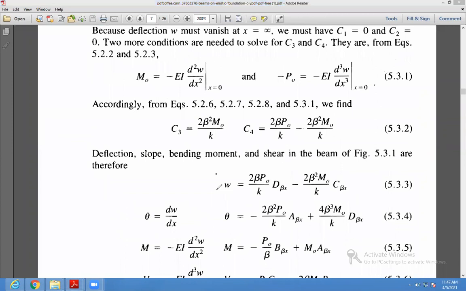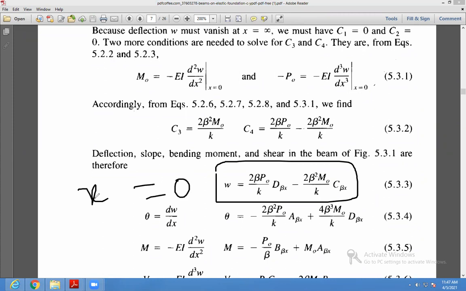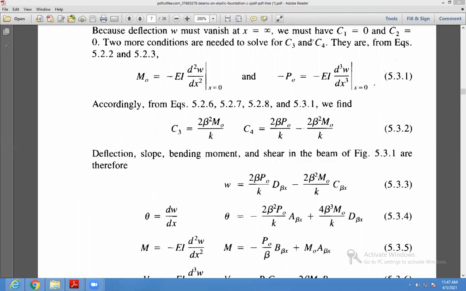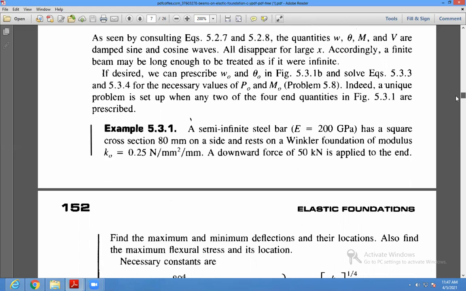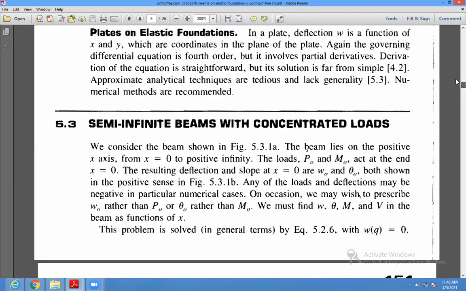Now you can see here, this is the equation of W at x equal to 0. If you refer to the table at x equal to 0, what are the values of D beta x and C beta x?